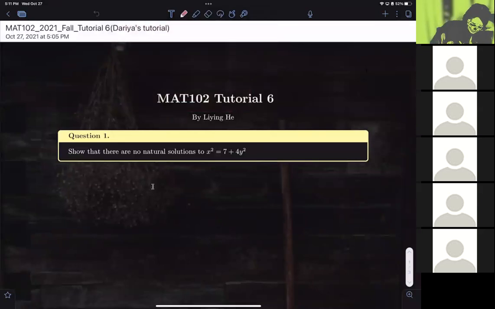So we have 3 different proof techniques. Did I not? I feel like I forgot to send you the tutorial worksheet. So hold on, I'll send it to you. Yeah, I forgot about that completely. Here.